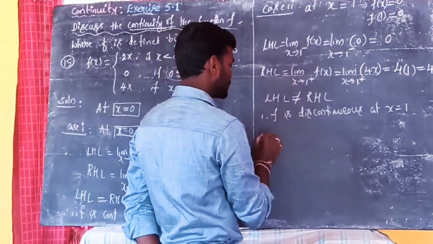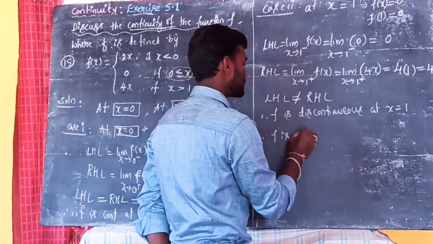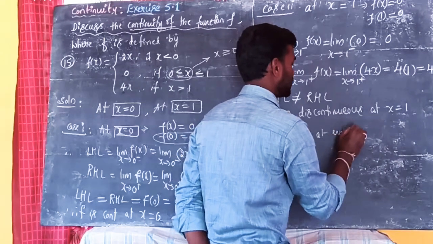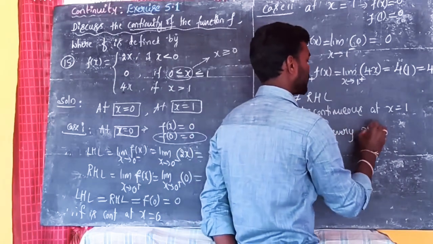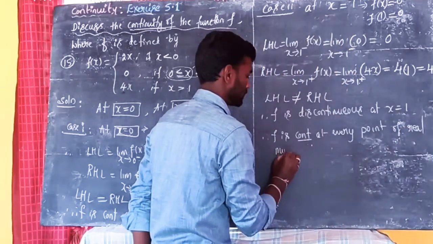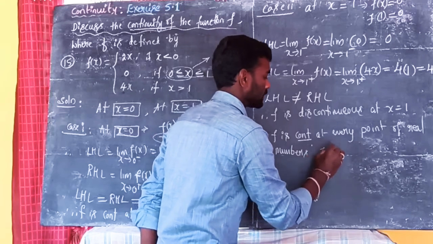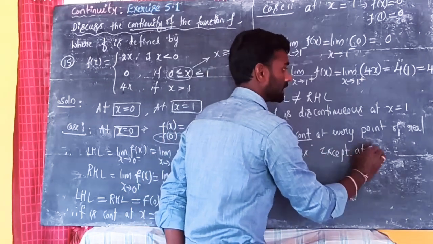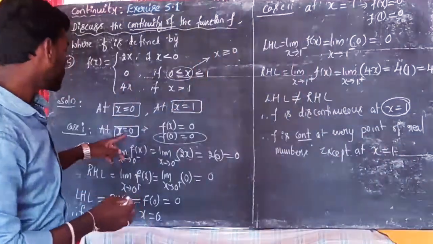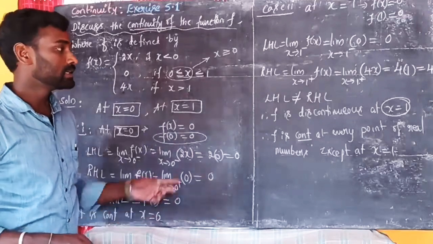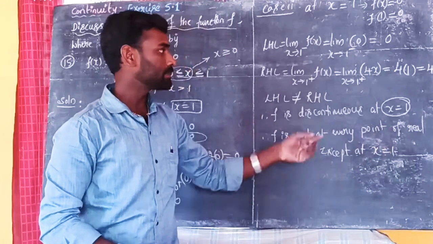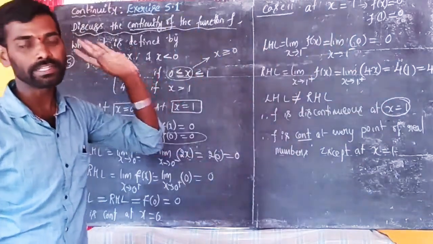Finally, for the conclusion, therefore f is continuous at every point of the real numbers except at this point x is equal to 1. At x is equal to 0, this function is continuous. This function is continuous at every point of real numbers except at x is equal to 1, guys. That is the conclusion.